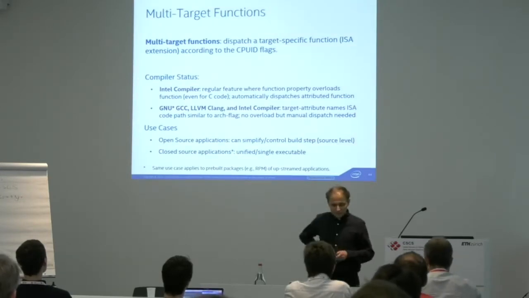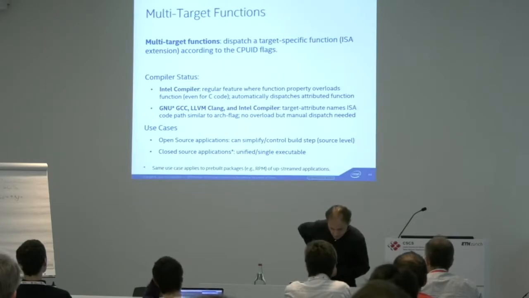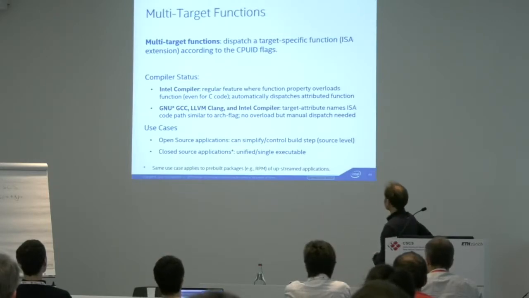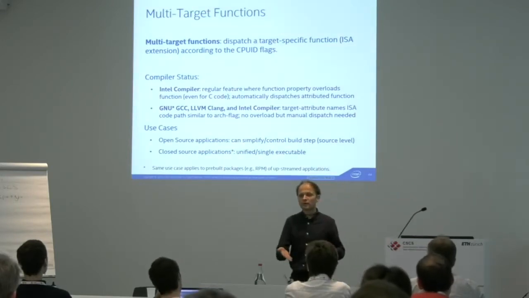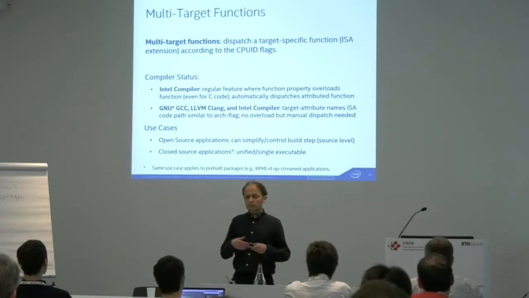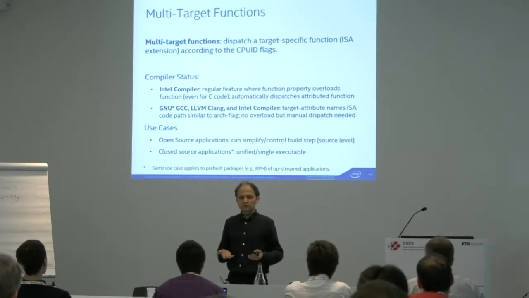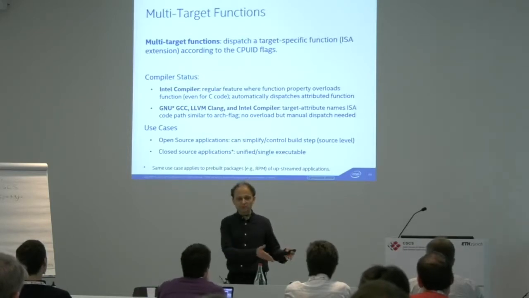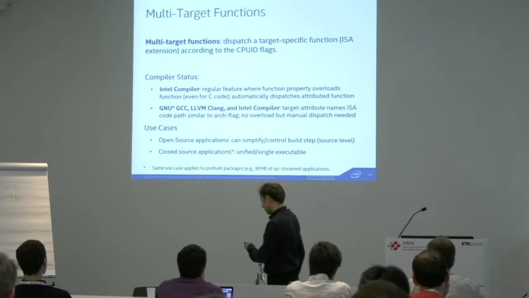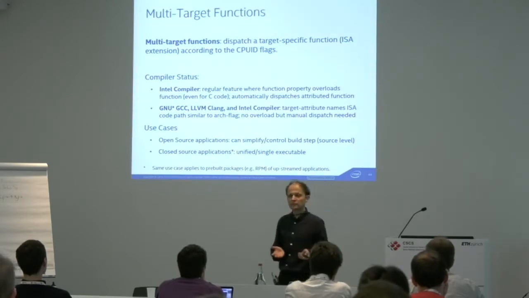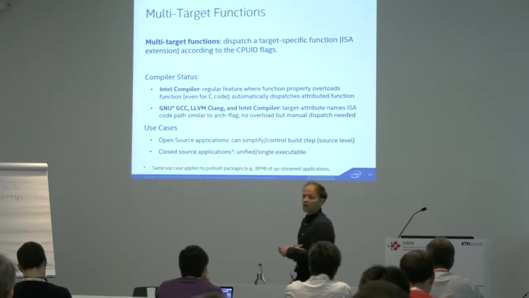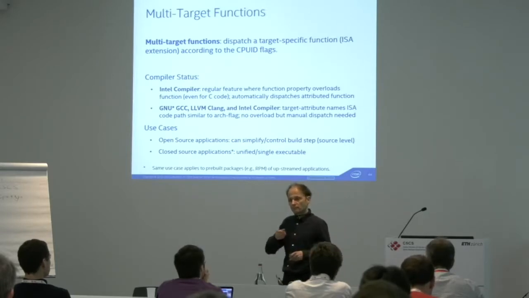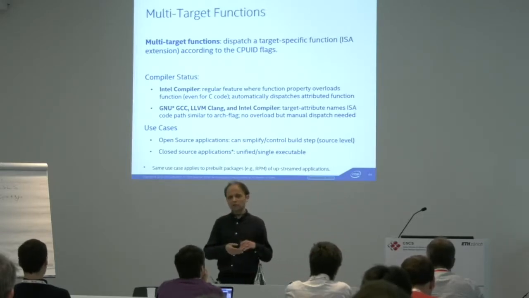And let me just jump ahead. Why? I will see if this is on the next slide. No, I think it's here. The reason here is basically it can simplify and control the build step of an application. If you build a library which is general use, right, and you cannot know which application adopts your work, and you've, for example, used intrinsics within that library, say a header-only C++ library, you can now write multi-target functions that are then taken according to CPU ID, even in an unknown application environment.